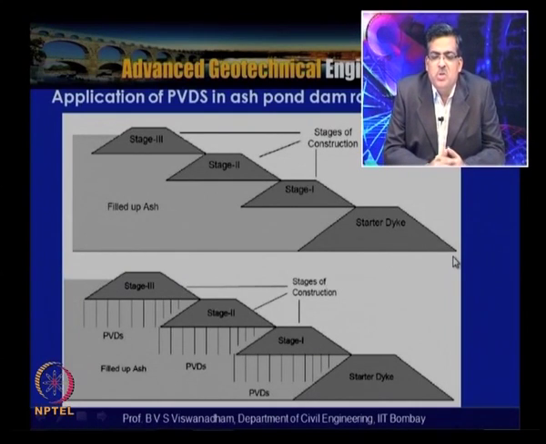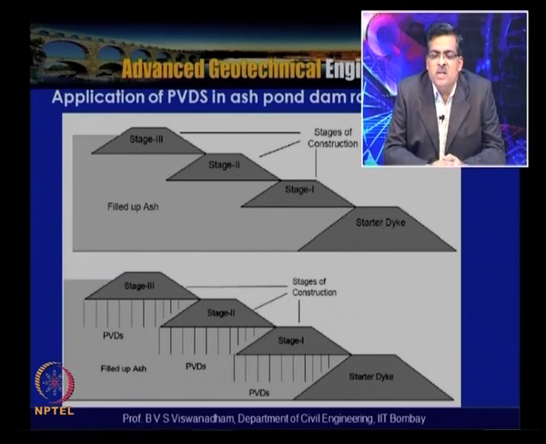In order to ensure accelerated consolidation, and nowadays, if that area is earthquake prone, at the onset of an earthquake the liquefaction susceptibility can be mitigated by using these PVDs in ash pond dam risings. So it has 2 advantages.